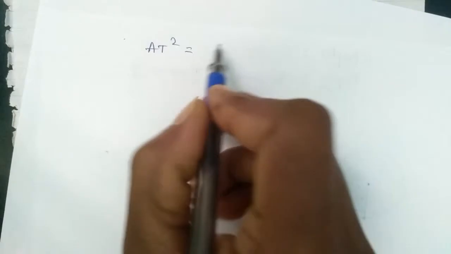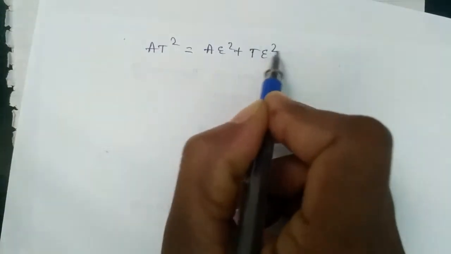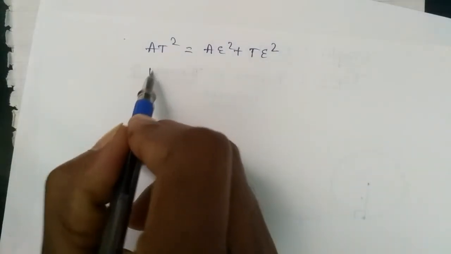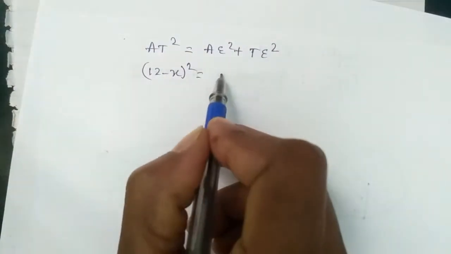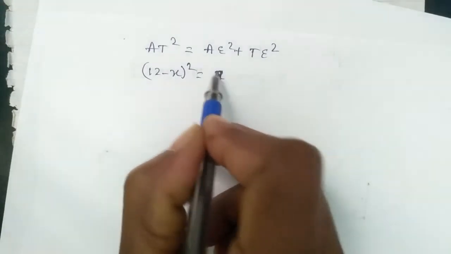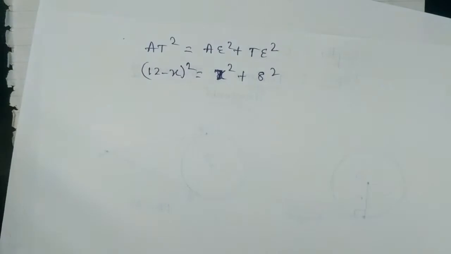AT square is equal to AE square plus TE square. So AT square, how much from the diagram? 12 minus X whole square. AE square, the remaining is X square. Plus TE square, it is 8 square. So let us again refer to the diagram.